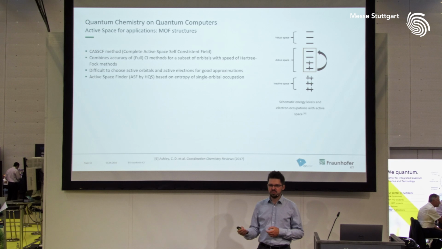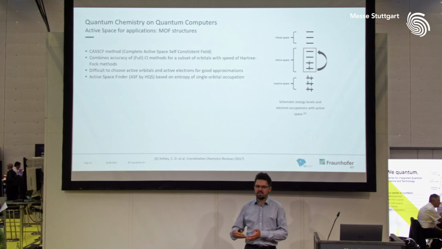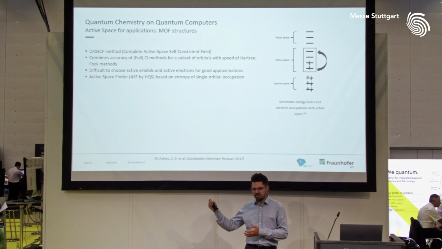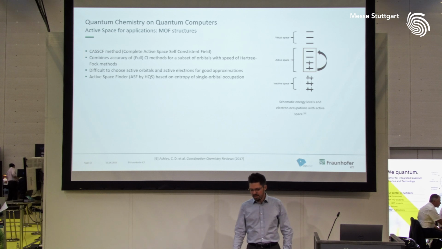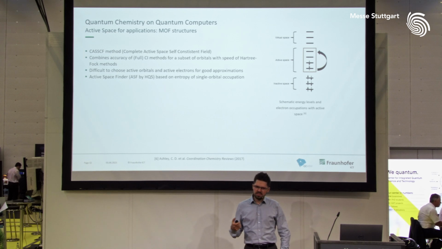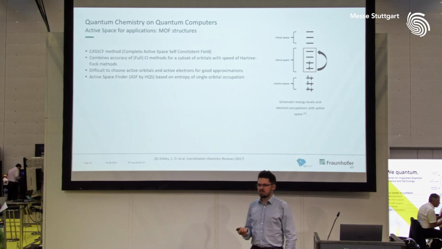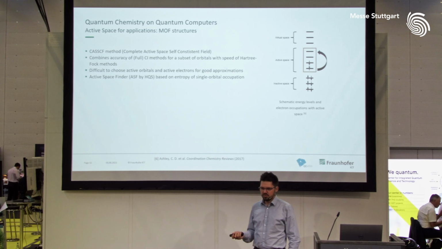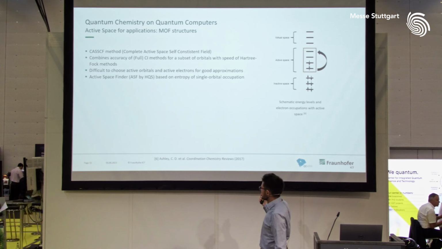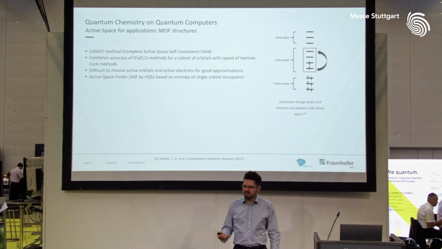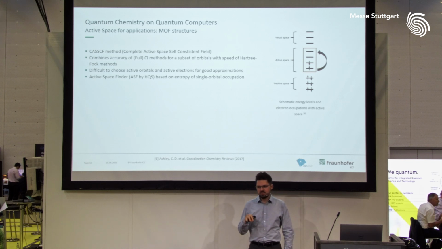Those are the ones which make the computation on the classical computer hard and make the scaling exponential in worst case. So those are the ones which we are interested in. And the idea is, well, the quantum computer is good at that. So let's just use the classical computer for the inactive space and the quantum computer for the active one.